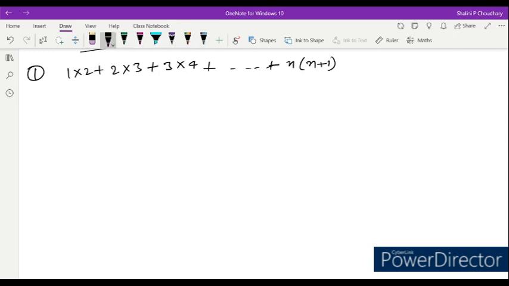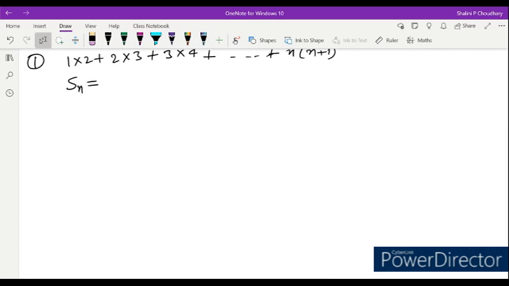So we can write Sn is equal to summation of an. Summation of an is basically k is equal to 1 to n of k into k plus 1.